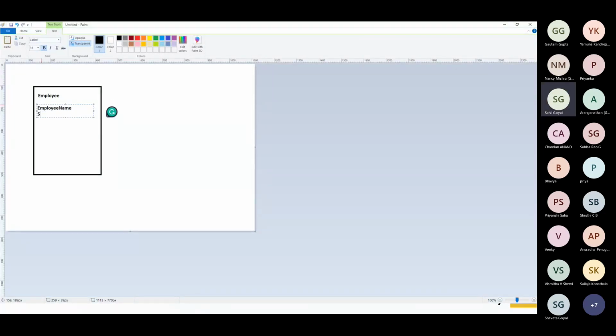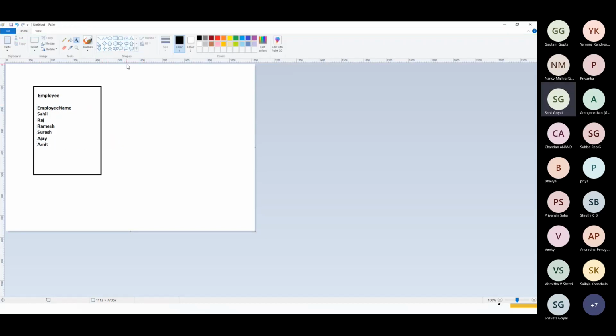Name can be Sahil, Raj, Ramesh, Suresh, Ajay, Amit, etc. Okay. And then I have another table which I am calling a skill set table.